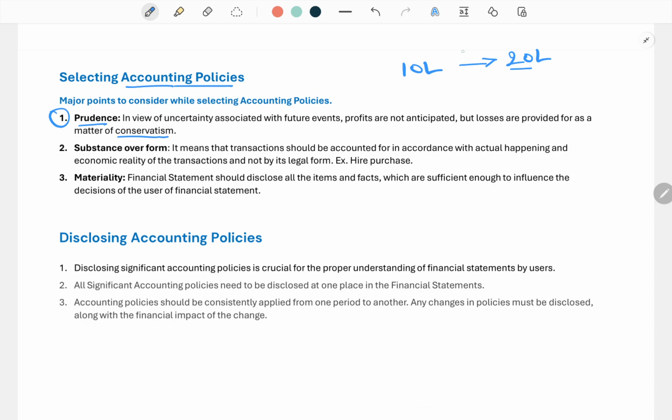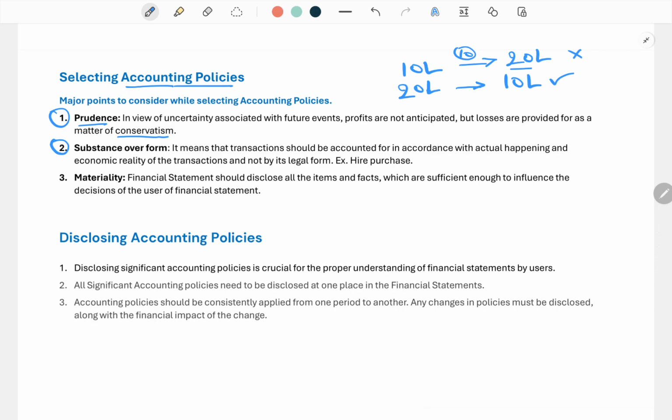But till the time I sell this land, I cannot recognize the profit. But if the opposite happened, the company has purchased land worth 20 lakhs, and for some reason the value decreased to 10 lakhs, this is an expected loss. This I will consider, while the expected profit will not be considered. That is called prudence.